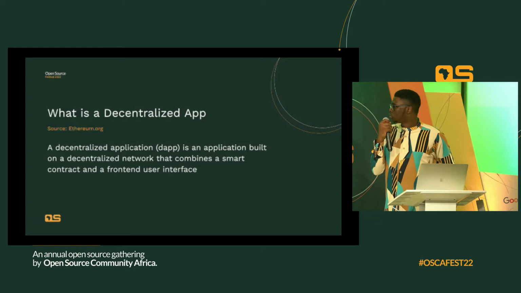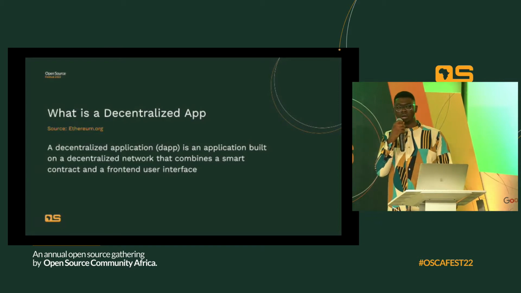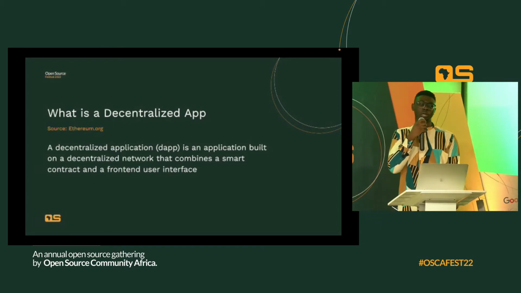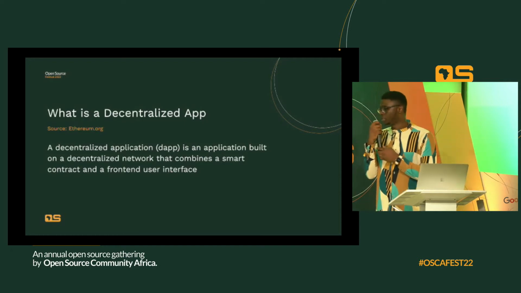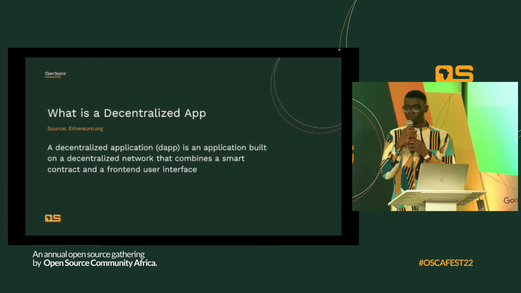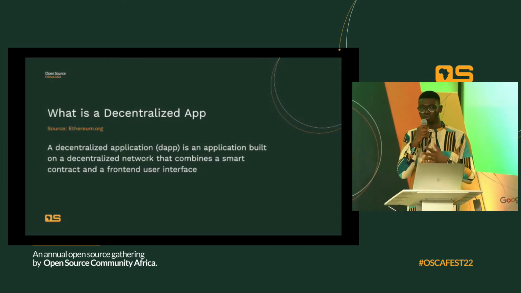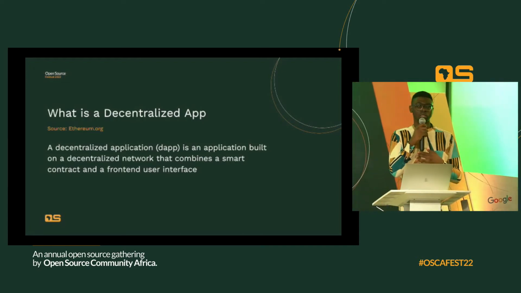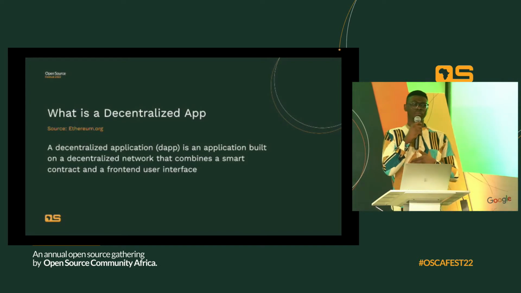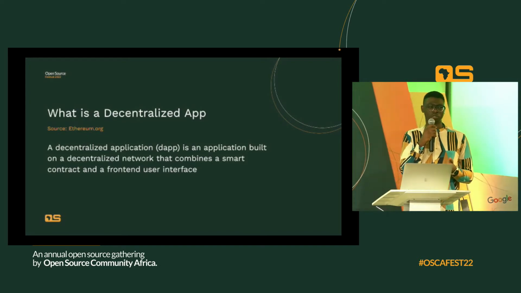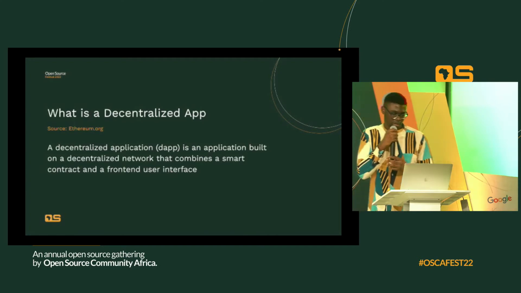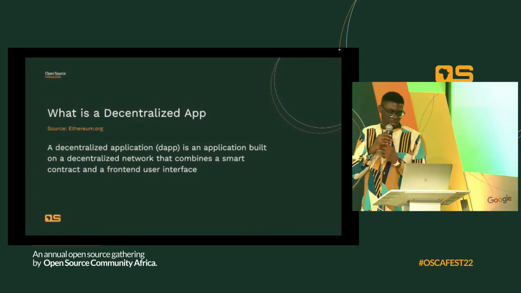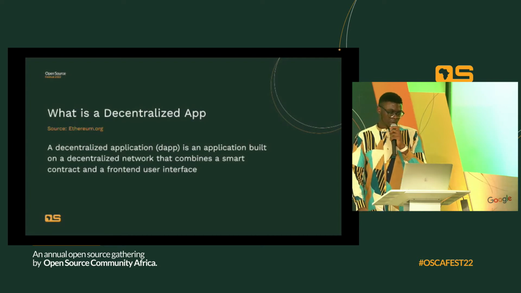There are other ones like OpenSea, which allows you to publish your NFTs. Those are more complex examples of decentralized applications. Each and every one of them interacts with smart contracts on a low level and has either on-chain or off-chain connections via APIs, or is connected directly to the blockchain.